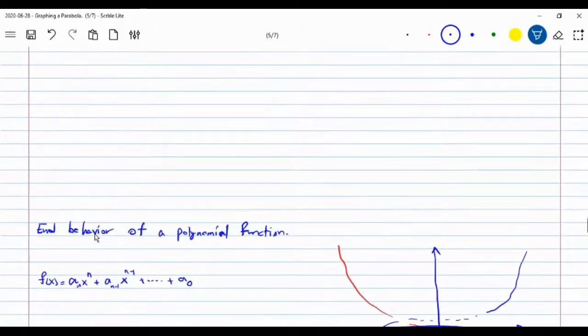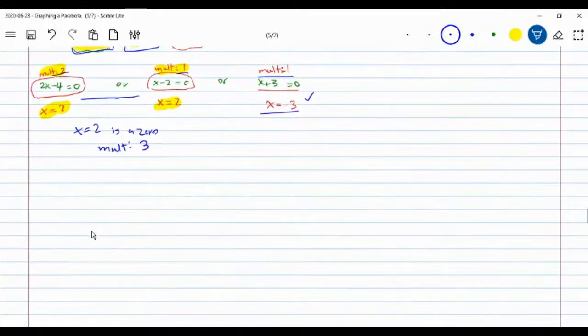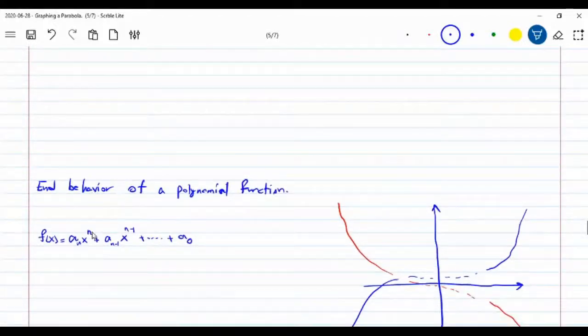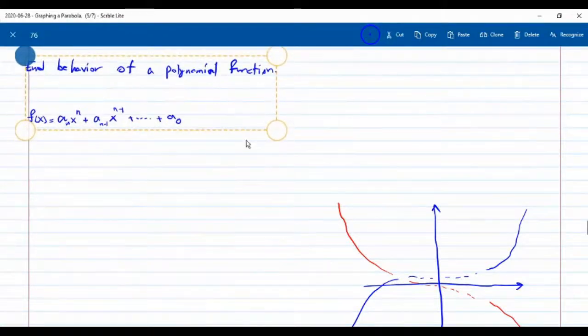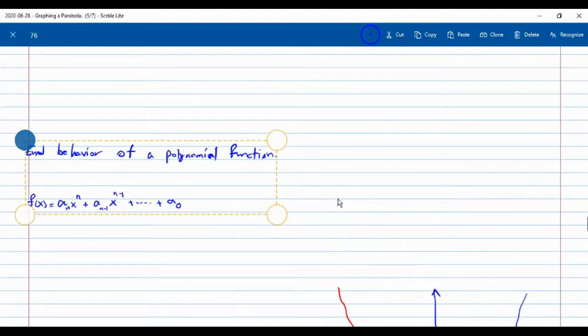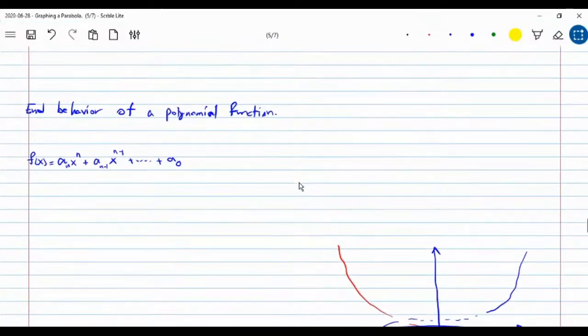Here, at this point, let's assume we've done enough examples on how to figure out the multiplicity. So let me shift this up a bit, since we have space, and move on to the graphing and end behavior of a function, specifically for a polynomial. A polynomial f of x, for example, could be 2x to the power 4 minus 3x squared plus 3x plus 1.